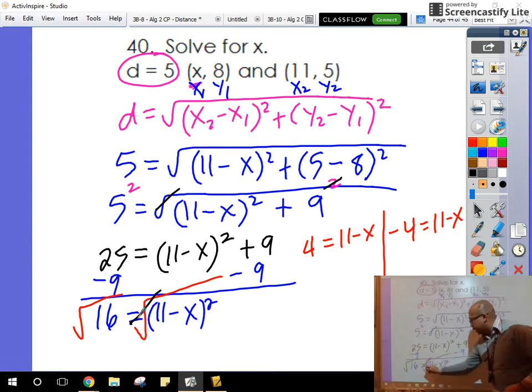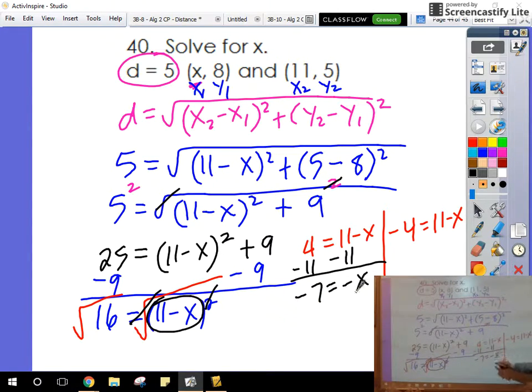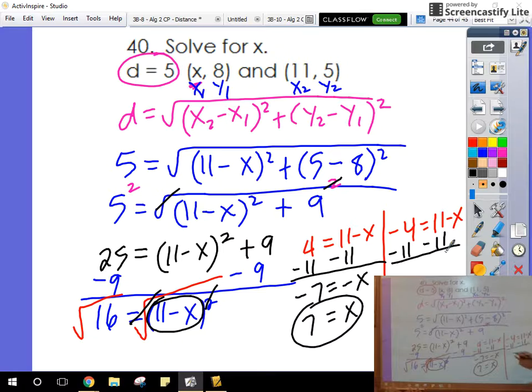Remember, this square root here and that square root will be canceled. That's why what's left is 11 minus x. Minus 11 here, minus 11 there. 4 minus 11 is negative 7 equals negative x. So make the x positive, so x equals 7. Minus 11 here, minus 11 there. It becomes negative 15 equals negative x. And the x has to be positive, so x here is equal to positive 15.